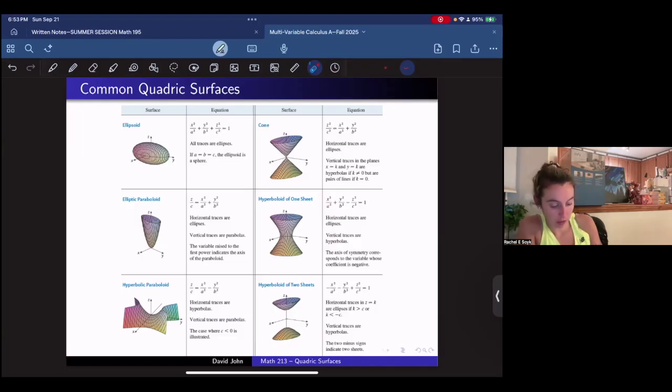And then we have the equations over here, what the traces are from a visual standpoint, and then if our A, B, and C were set to certain values, does that create something else? Looking at both horizontal, vertical traces, and I think that's it. And I guess with the hyperboloid of 1 sheet, the axis of symmetry, how that corresponds to the variable whose coefficient is negative. So just a lot of characteristics.